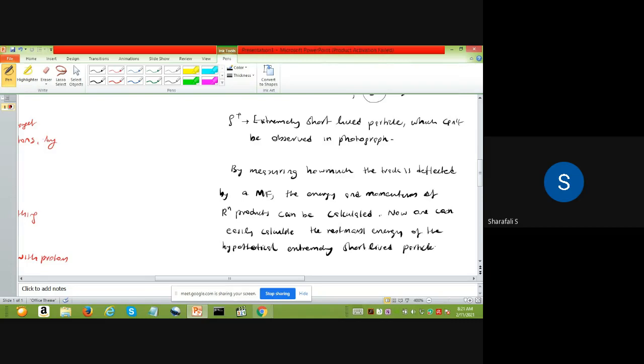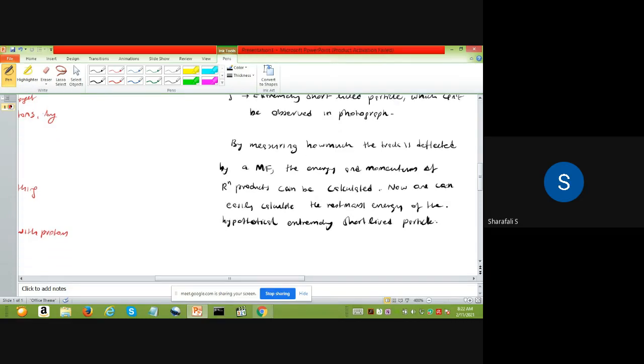So once you know the momentum and energy of the reaction products, then you can easily calculate the rest mass energy of that extremely short-lived particle. By applying the external magnetic field, the particle's track in that cloud chamber will be deflected. That photograph you can take. So how much it will change? That magnetic field is going to change the track. From that you can deduce the energy and momentum of those particles, the reaction products.